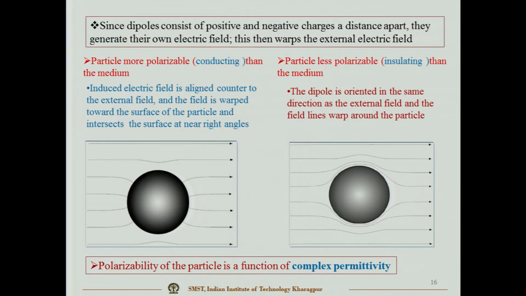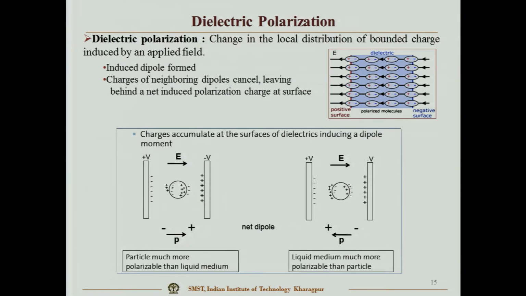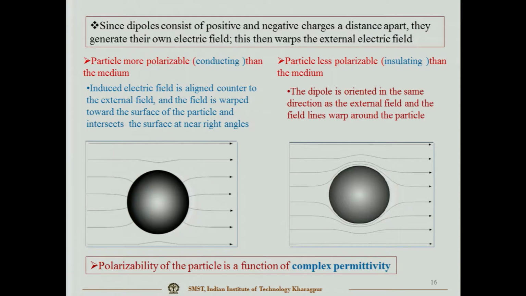So, externally you have this uniform electric field, but if we consider the case where the charge separation or the dipole is much higher in the particle, then the electric field will go through this particle only, because here you have a much higher dielectric effect compared to the media, just like the paramagnetic and diamagnetic fields.